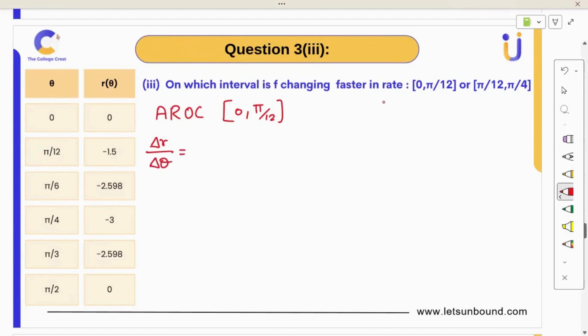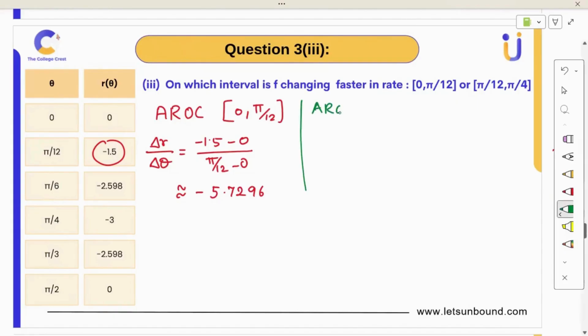So pi by 12, it's minus 1.5, minus 0, and then pi by 12 minus 0. The rest you can do with a calculator and you will get approximately negative, wait, let me do it here. Negative 5.7296 like this.